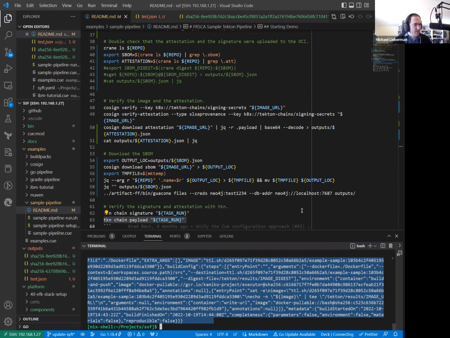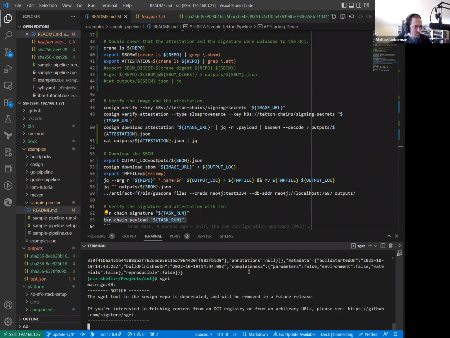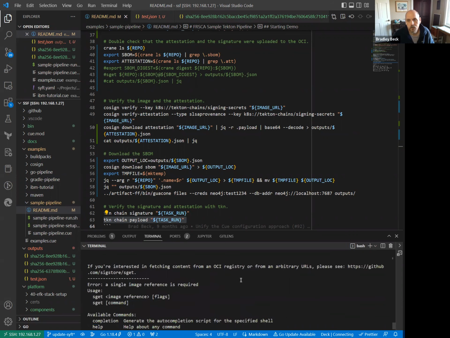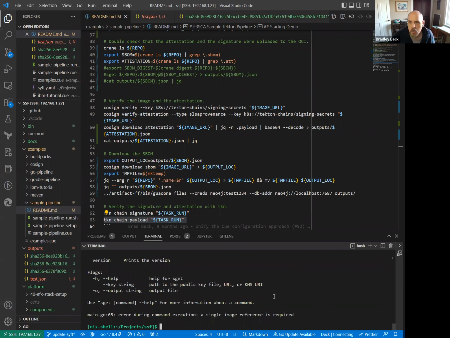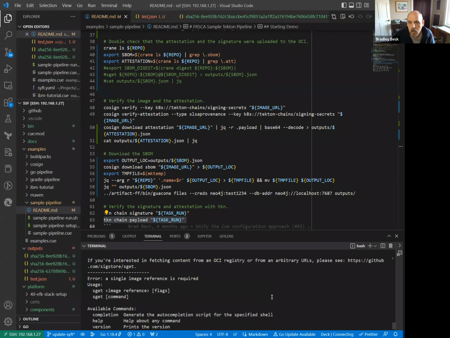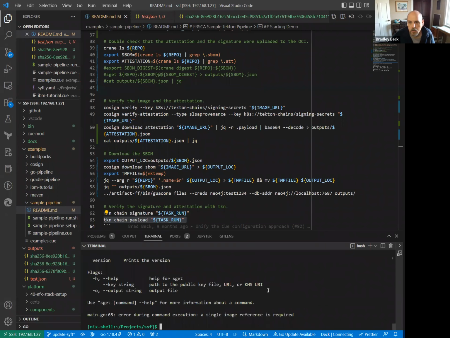Hold on. So if I do, wait, do I have sget? Is the task run itself embedded in the attestation at all? I don't know off the top of my head. So I guess just to confirm that they are for the exact same task run, right?